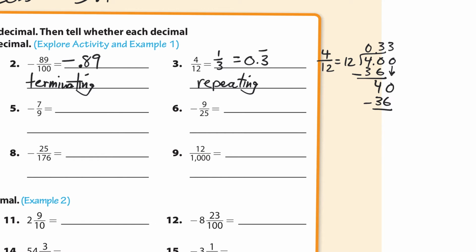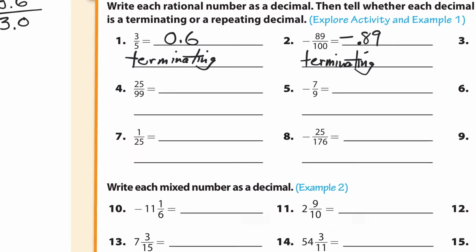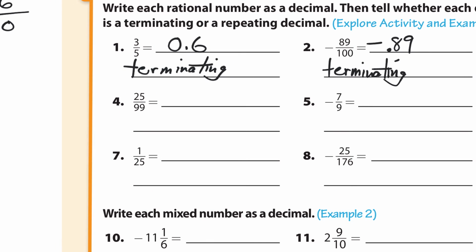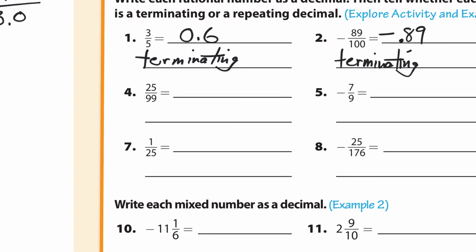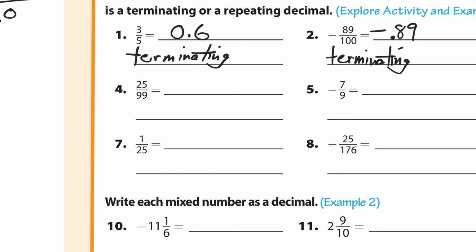Okay, let's do this. 25 over 99. If you put this in a calculator, let's see. Oh, no, that should be okay. I'll do it myself. If you did 99 going into 25, how many times does 99 go into 25? It doesn't go into 2 and it doesn't go into 25.